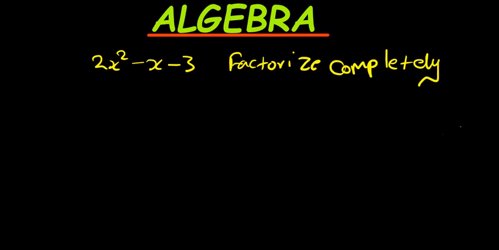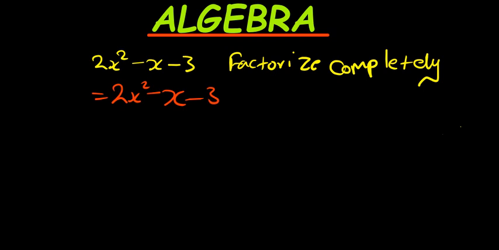I don't know if the spelling is like that, but if you have to factorize this completely, it is very simple. First of all, you just get the question itself, which is 2x squared minus x minus 3.